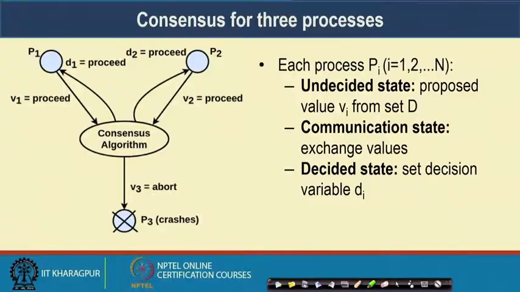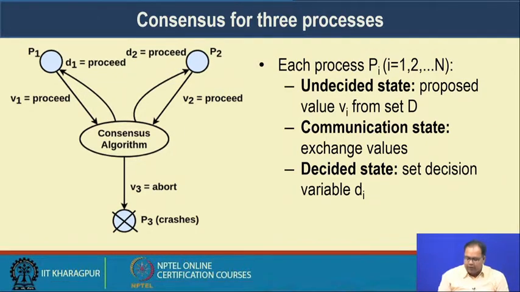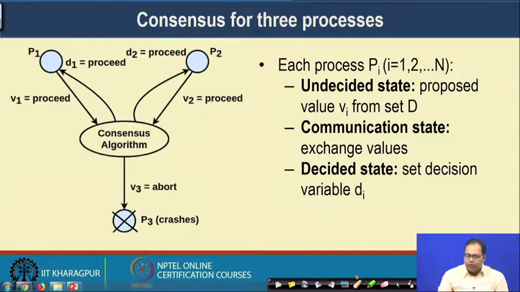To reach consensus for three processes, every process can be in one of three states. One is the undecided state, in which the process or node has proposed a value from a set of feasible values D. Every node has proposed some value and they are in the undecided state.